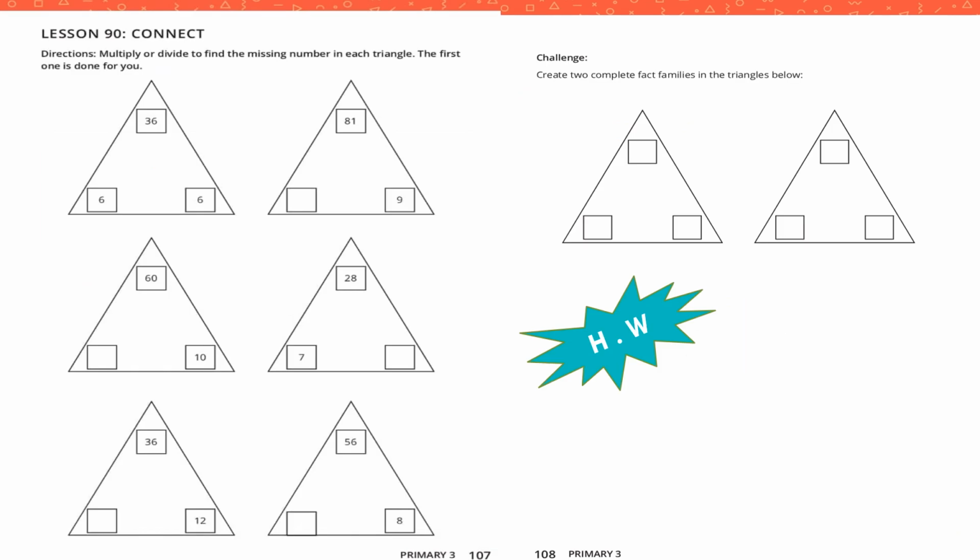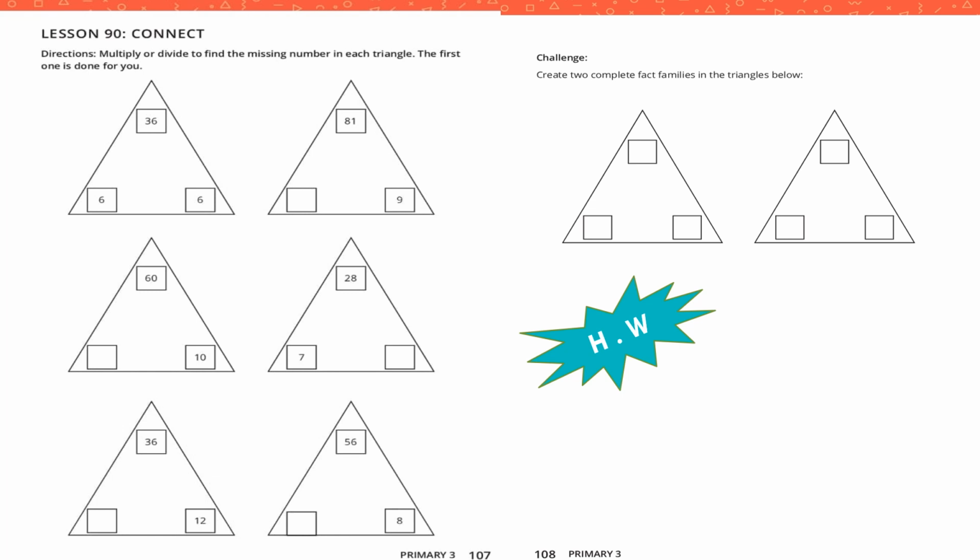Let's start lesson 90, the connect part. Multiply or divide to find the missing number in each triangle. It's the fact family. Here, look at the second triangle: 81, 9, and a space. The number on the top is the biggest number in the triangle, and 9 is small.